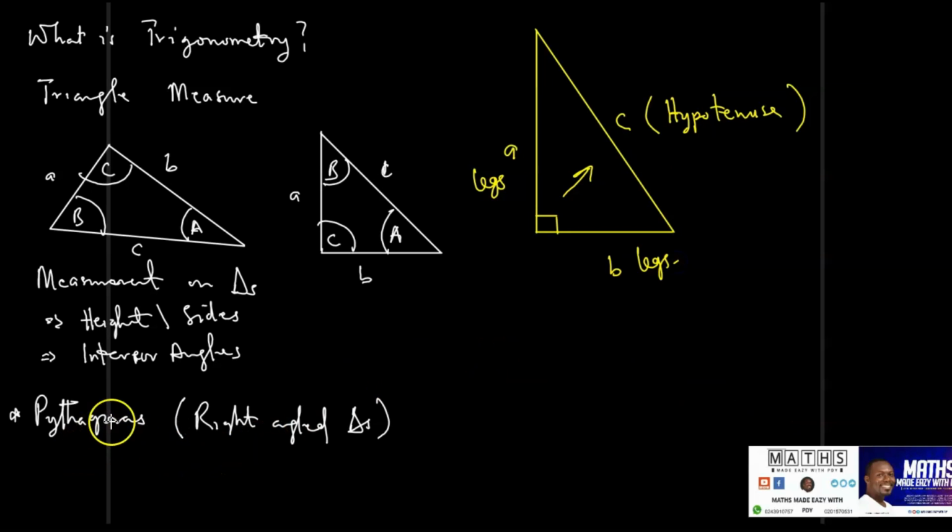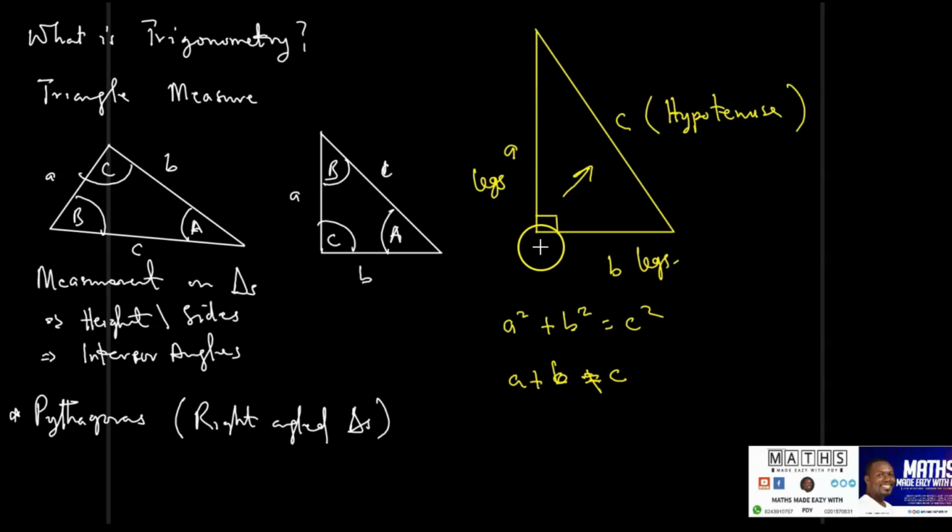Therefore, Pythagoras said that the sum of the squares of the two legs should be equal to the square of the hypotenuse. So he said a squared plus b squared should be equal to c squared, and not a plus b is equal to c. No, it doesn't mean a plus b is equal to c.